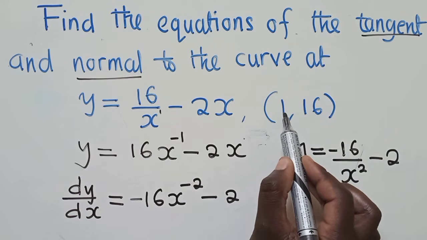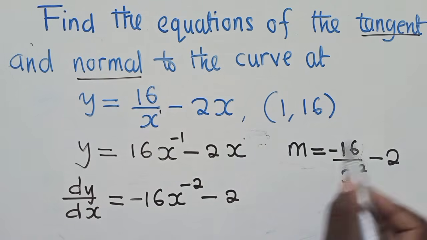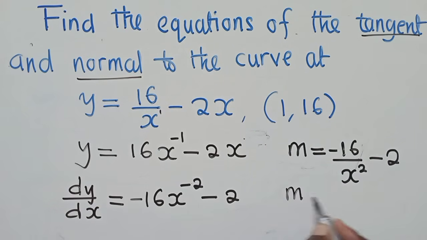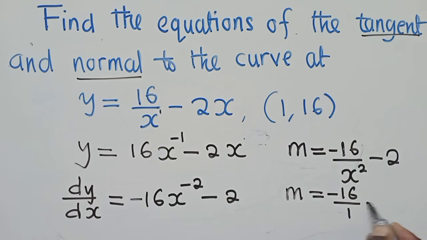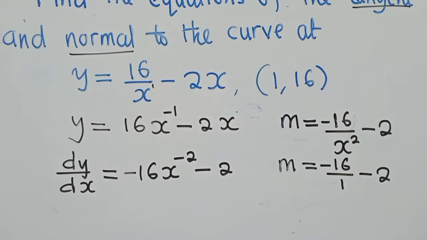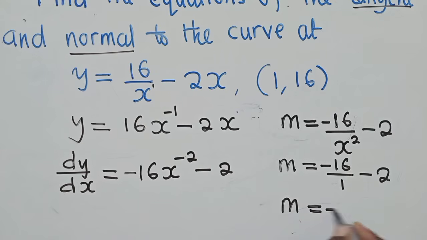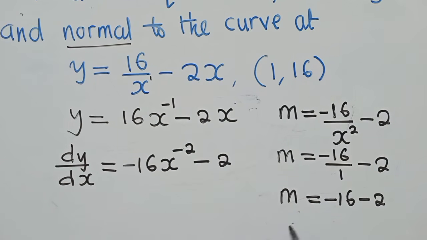Now, after doing this, we are going to get the x value here. The x value here is 1, and we plug it in here. So it will look like this: m is equal to negative 16 over 1 squared minus 2. All right, so we simplify. This will be negative 16 minus 2. So what is negative 16 minus 2?